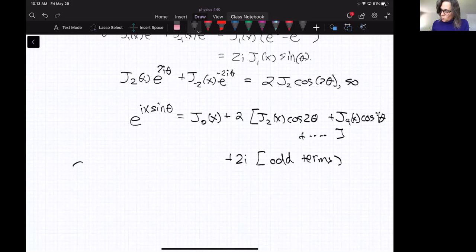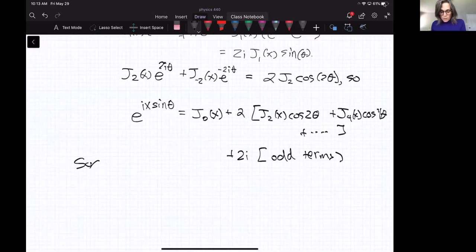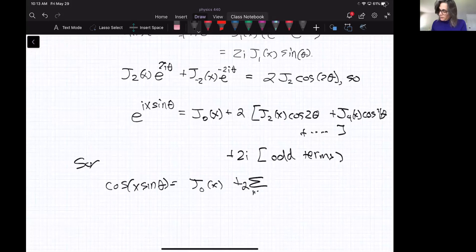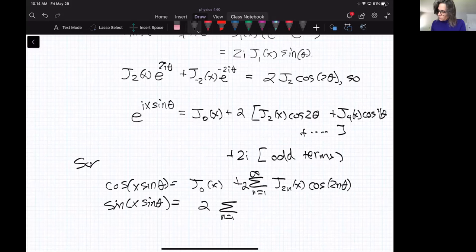And so what we end up with is expressions which actually do appear in things like diffraction problems for, say, cosine of x sine theta, which you can write as J naught of x plus this sum, 2 times the sum of n equals 1 to infinity of the even terms. And sine of x sine theta is equal to just 2 times the sum from n equals 1 to infinity of the odd terms.